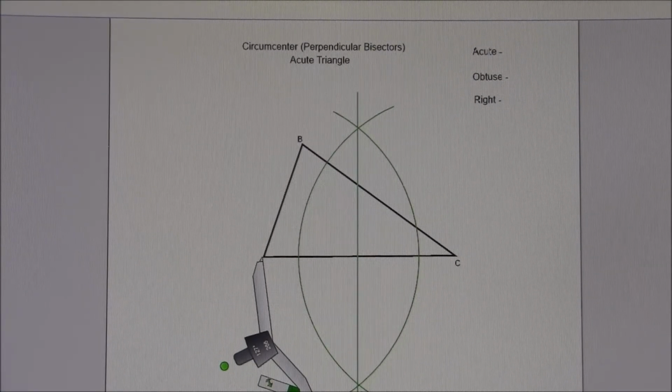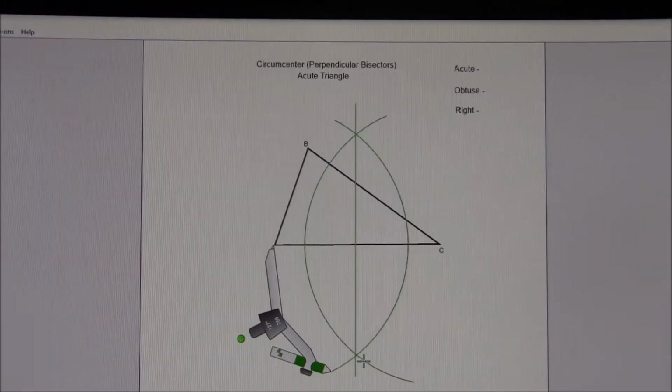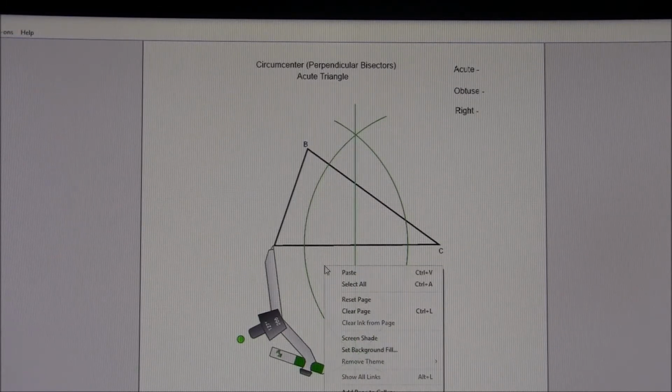So I know you probably can't see it down here. If I back up just a little bit, maybe like that. So this point right here bisects AC. It is also perpendicular to this segment.